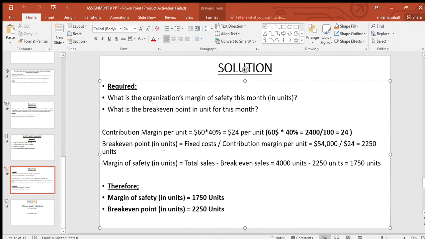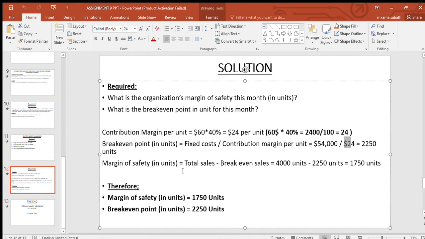So the break-even point here will be the fixed cost divided by the contribution margin per unit, whereby it will be 54,000 divided by 24, it will be 2,250. That's the break-even point.